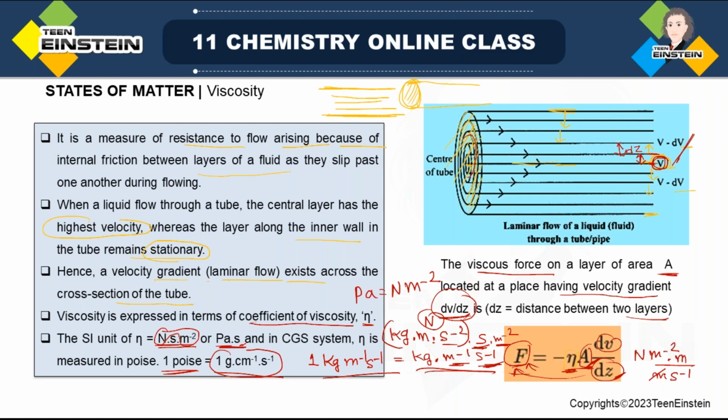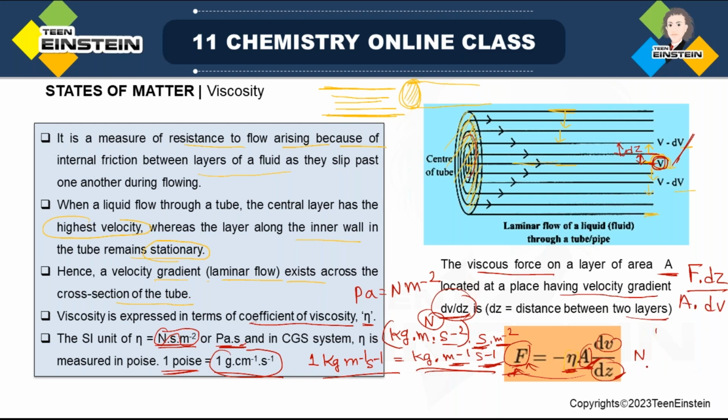Let me do it clearly. So eta is basically F into dz divided by A into dv.